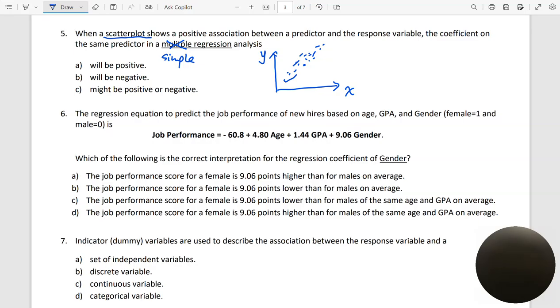then what is your answer? You say if the scatter plot, the relationship between x and y is positive, then in the simple regression, the coefficient must be positive, 100% positive, right? But the question is not asking about the simple regression, it's asking about the multiple regression. So what's the difference between simple regression and multiple regression? The multiple regression has more predictors, right?